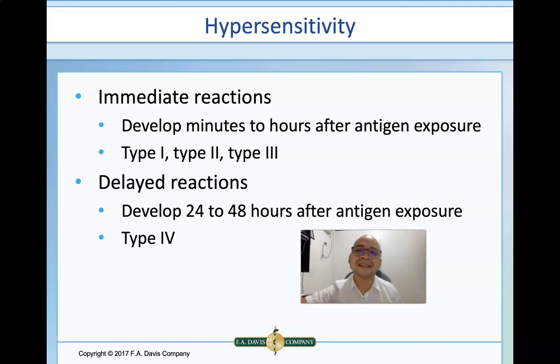So, among the 4 types, types 1, 2, and 3 are categorized as immediate reactions because the reaction occurs from minutes to hours after antigenic exposure. On the other hand, when you say delayed reaction, it will usually take between 24 to 48 hours before you can visualize any hypersensitivity reactions.